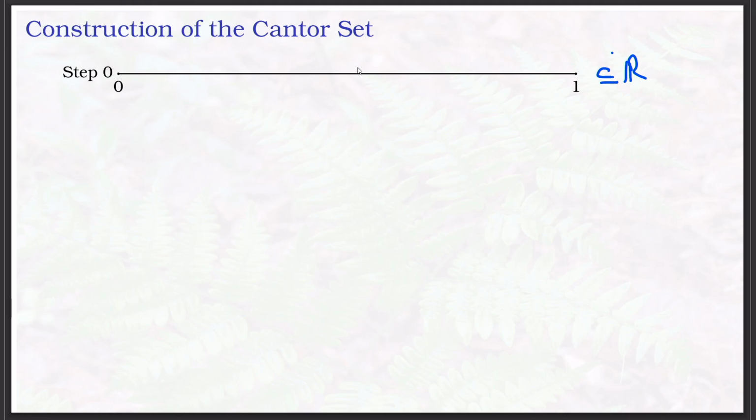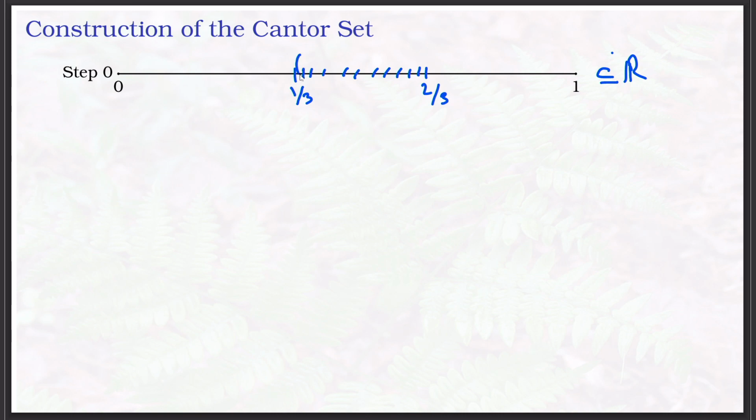Now, this initiator is divided into 3 equal parts, each of the same length: 0 to 1/3, 1/3 to 2/3, and 2/3 to 1. Now we will remove the open middle interval of these 3 subintervals.